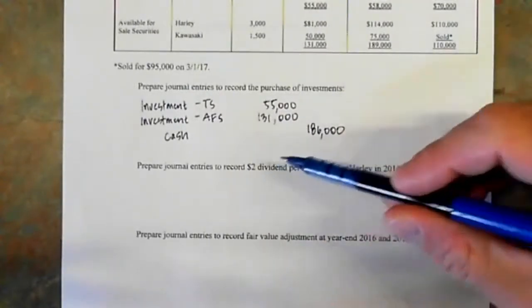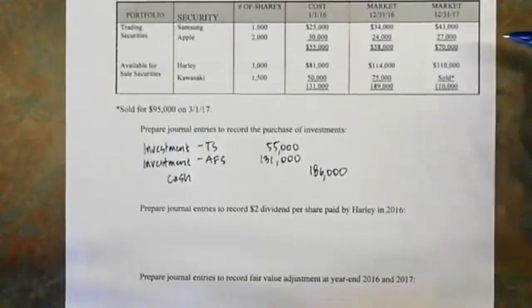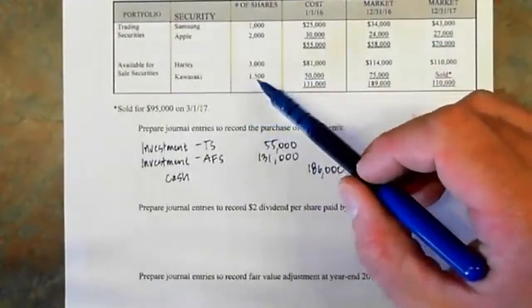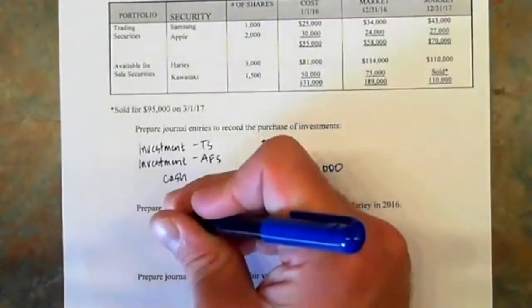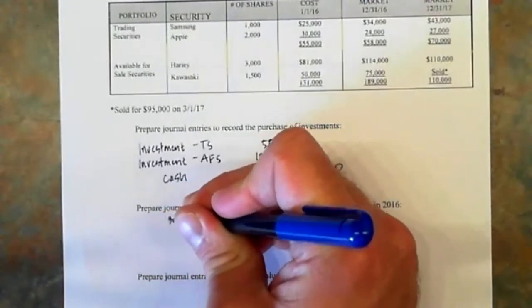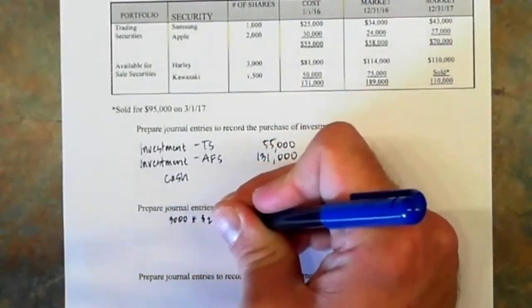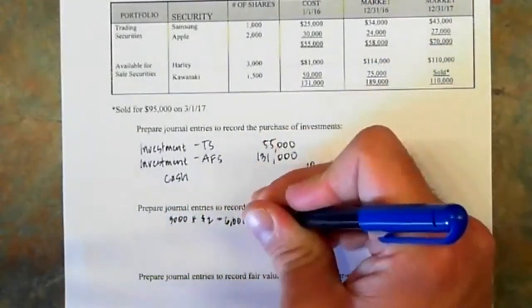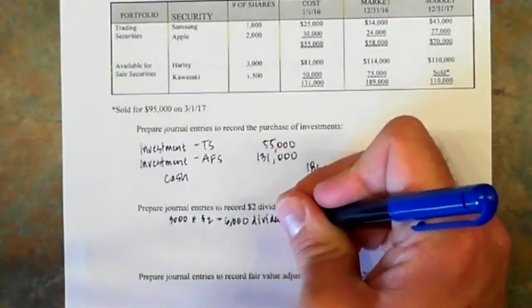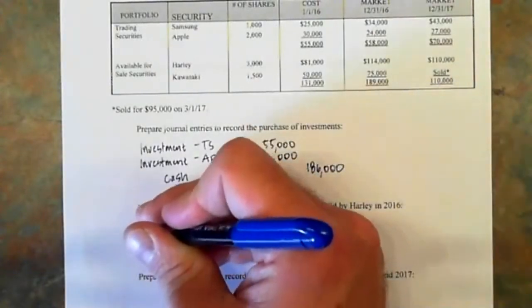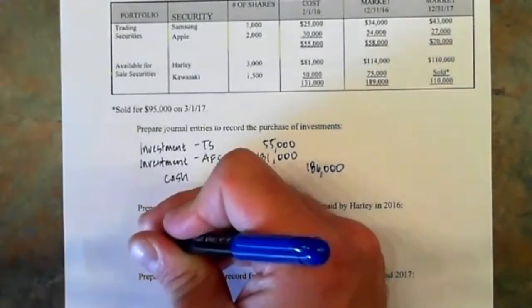Suppose that Harley paid $2 of dividends per share. Well, then we look at Harley, we'd see that we have 3,000 shares, and that would be $6,000 in dividends. And we would record it as investment revenue.